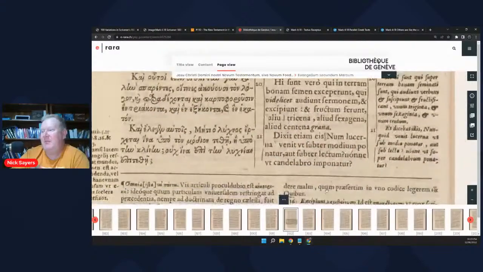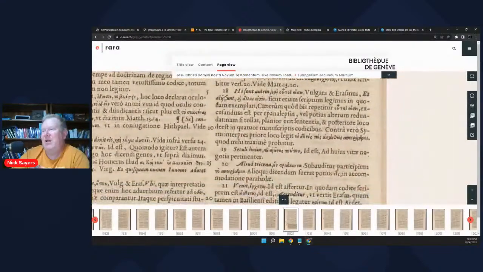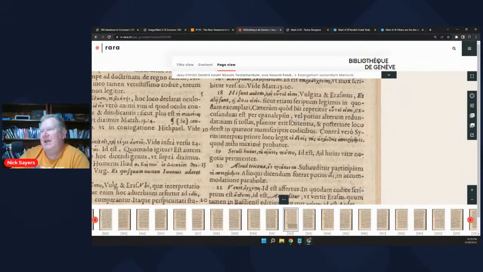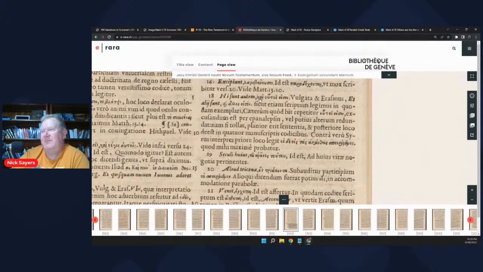Then down the bottom, he also has verse 18. He has the first one, Ki oti esin, and then he talks about that. But then he talks about oti esin. So that's the second time that appears in that verse.